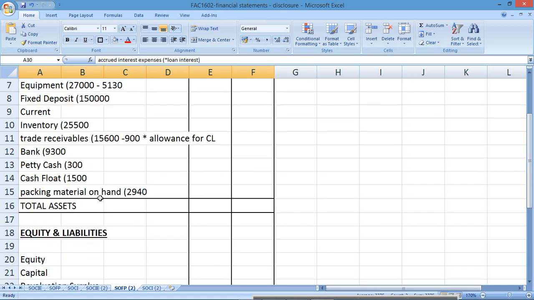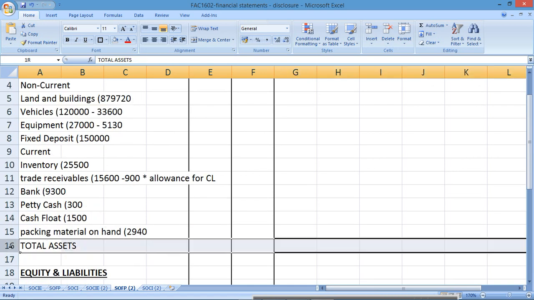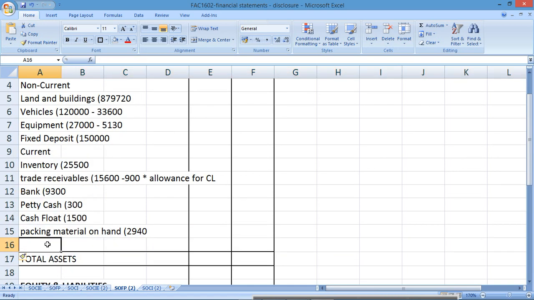Let's put the prepayment in. Current assets: prepaid advertising expense. Oh gosh, I've got no space. That's why in the test you need to leave enough lines. Don't be afraid to use more paper, just in case.